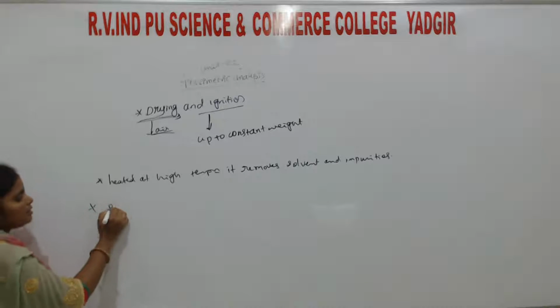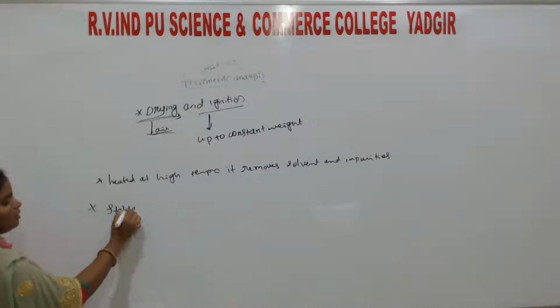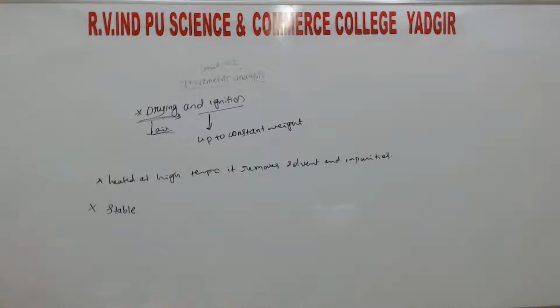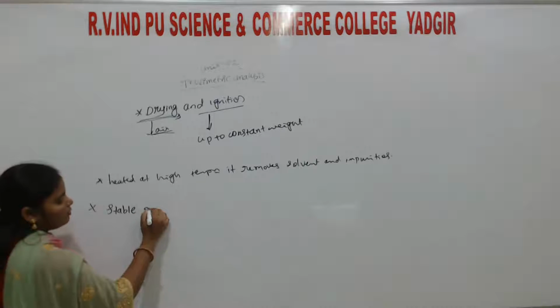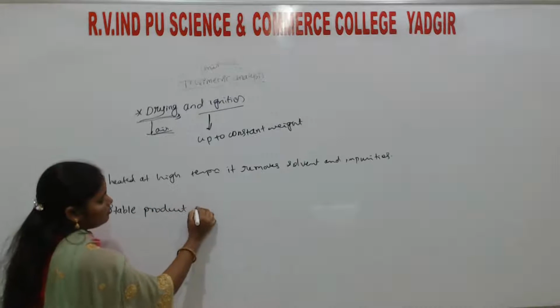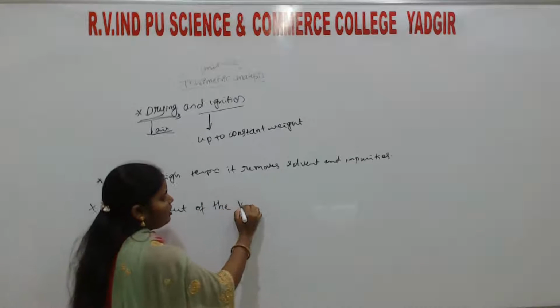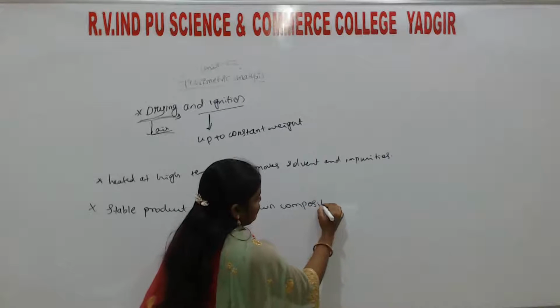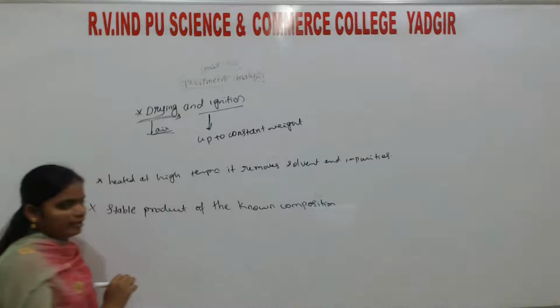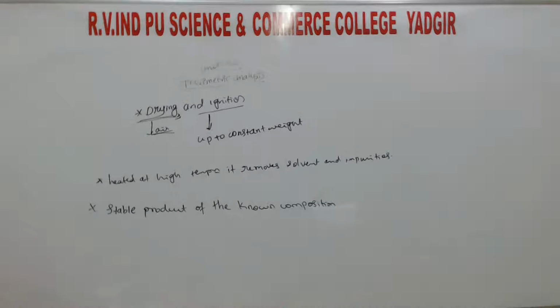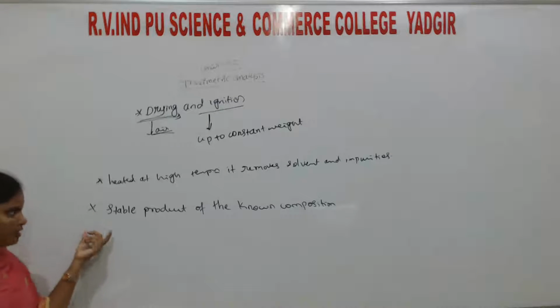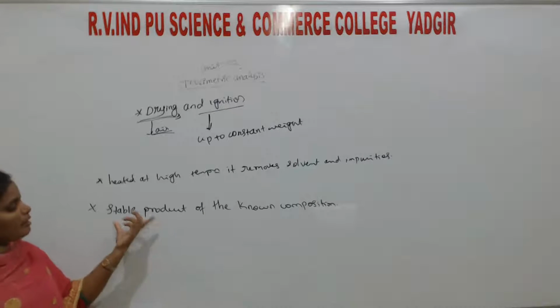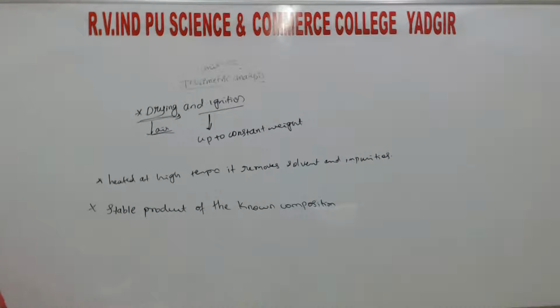Here the conversion takes place, and your precipitate is converted to the stable product of known composition. This is called ignition.